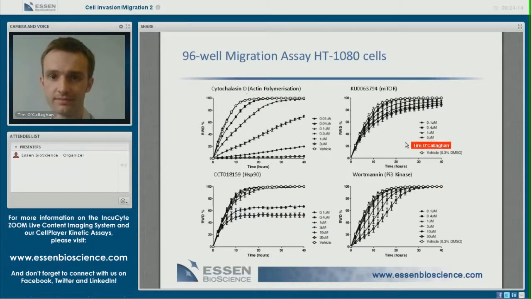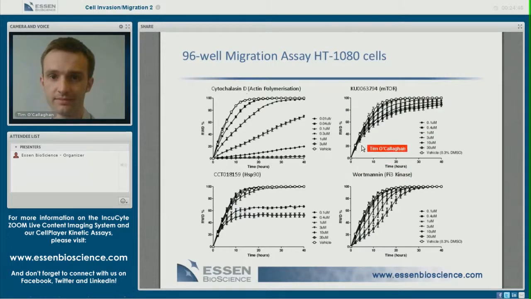The top right-hand panel shows the mTOR inhibitor KU00637994, and this has an alternative kinetic profile that shows mild to modest inhibition over the whole time course of the assay. Now, with an endpoint analysis for this compound, it might be very difficult to be convinced that there are true biological differences between the treatment effects at the single time point.